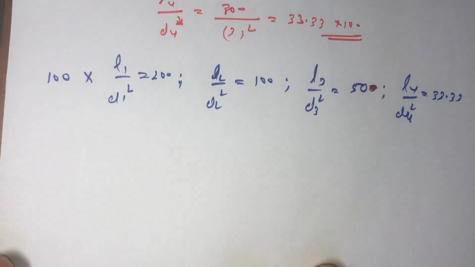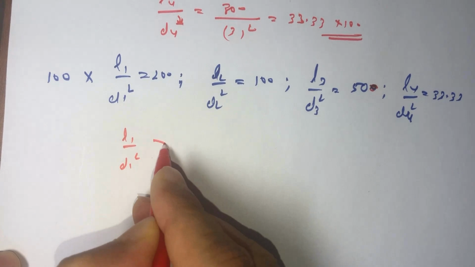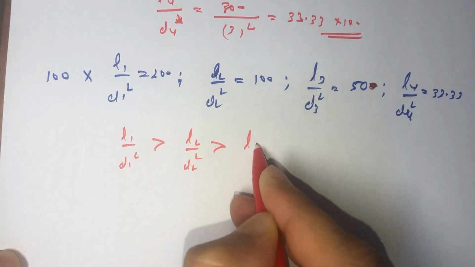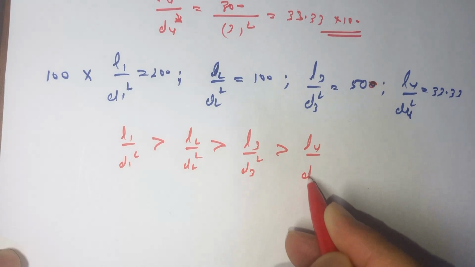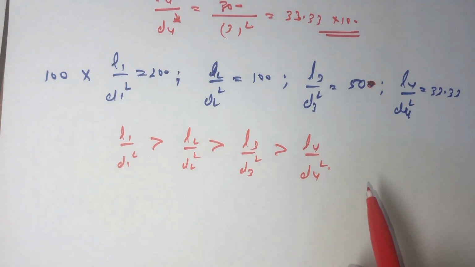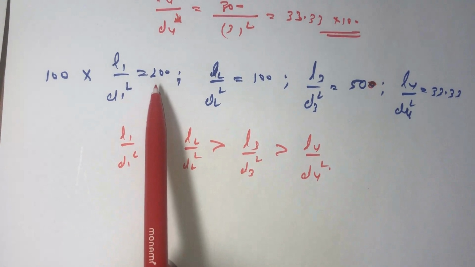So if you make a comparison, from here we can say that L1 D1 square is greater than L2 D2 square is greater than L3 D3 square is greater than L4 D4 square. Okay. So the largest ratio coming is 200.